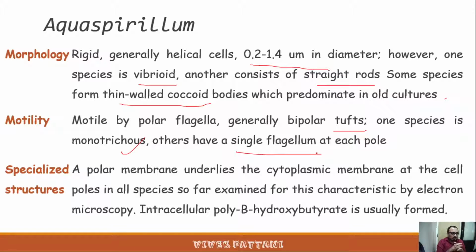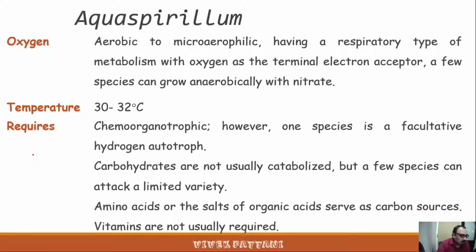Using electron microscopy, you can clearly view the intracellular poly beta hydroxybutyrate, which can be studied.